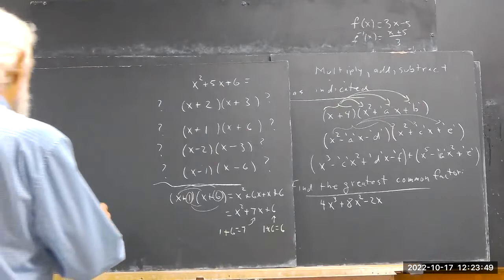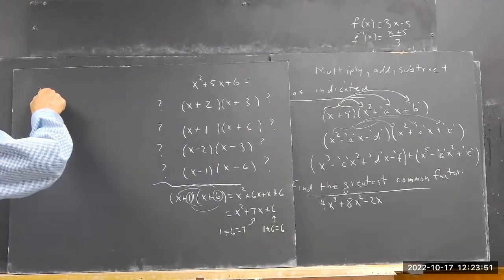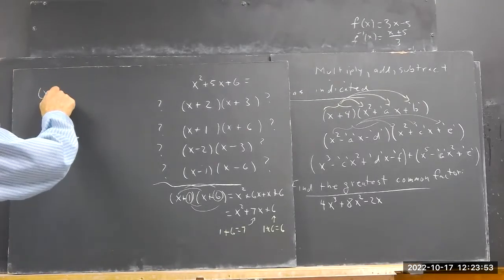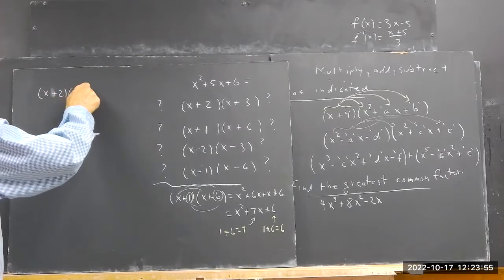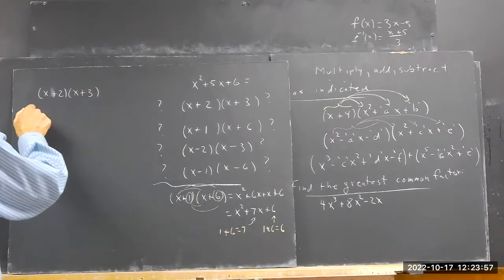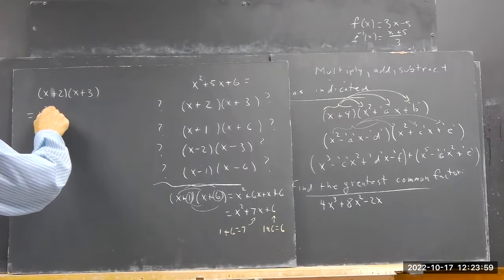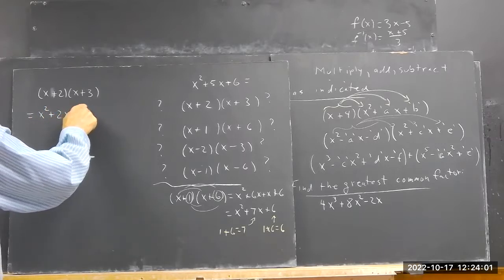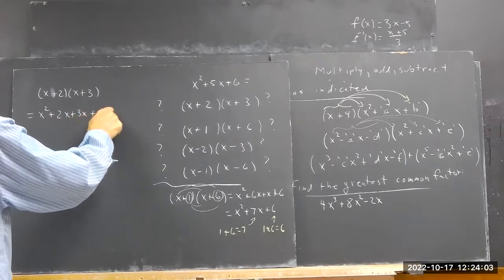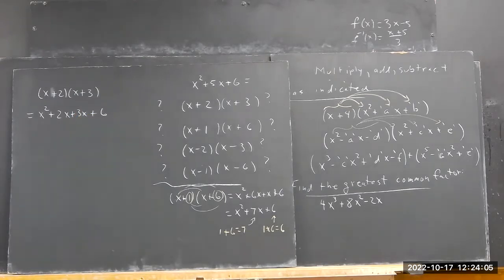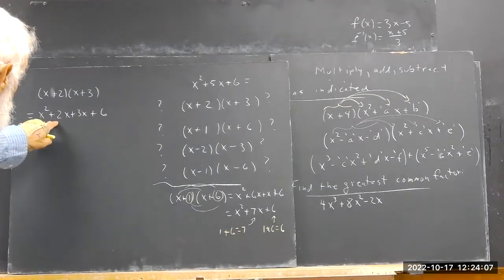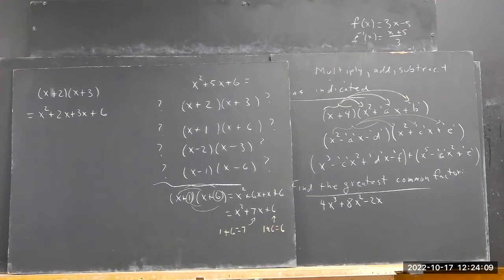So let's just see how that works. X plus 2 times X plus 3 equals X squared plus 2X plus 3X plus 6. 2X plus 3X gives us our 5X because 2 and 3 add up to 5.